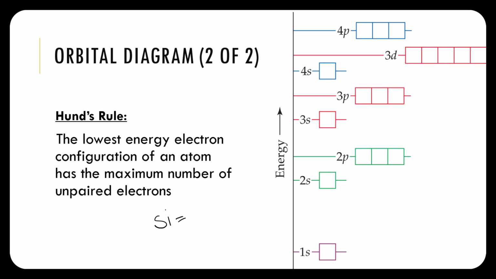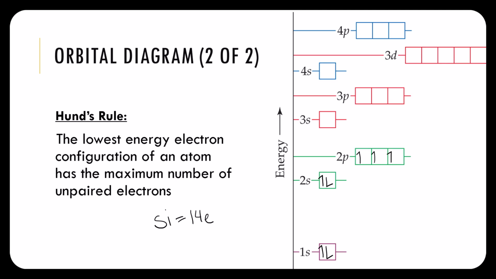Okay. So let's do one more orbital diagram before we kind of move on. So I want you guys to do the orbital diagram for silicon. So silicon has 14 electrons. So we're going to start and just keep moving our way up.